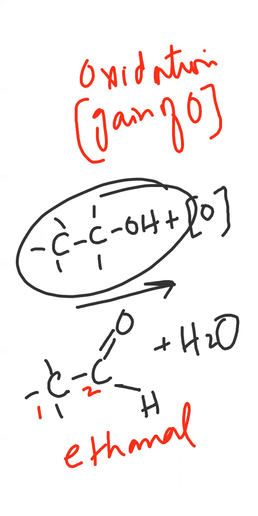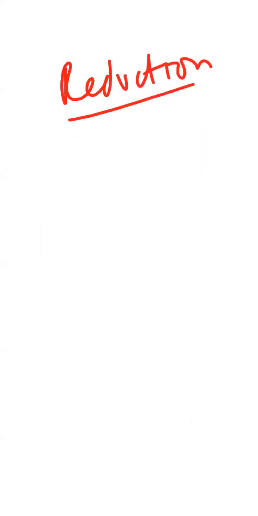The reduction reaction. Okay, see the reduction reaction. This is your past paper reaction. Reduction means gain of hydrogen. This is a part of your past paper. The reaction which I'm telling you is from your past paper. This is CH3CHO, CH3 CHO.